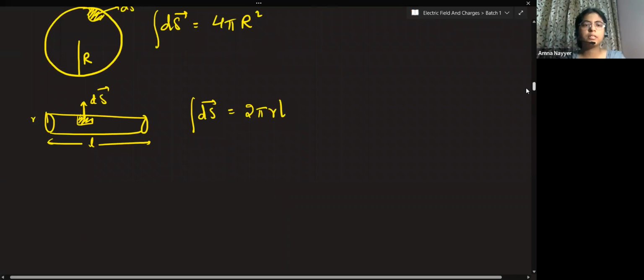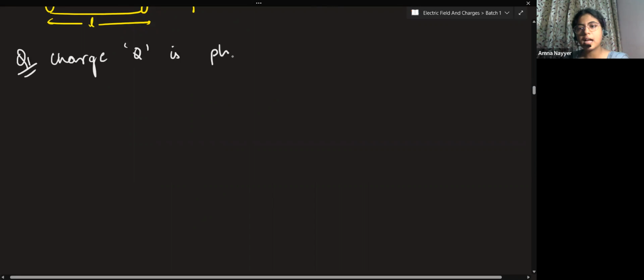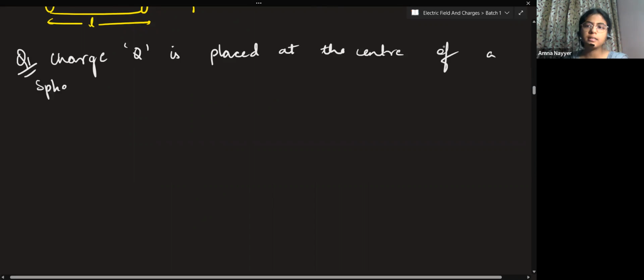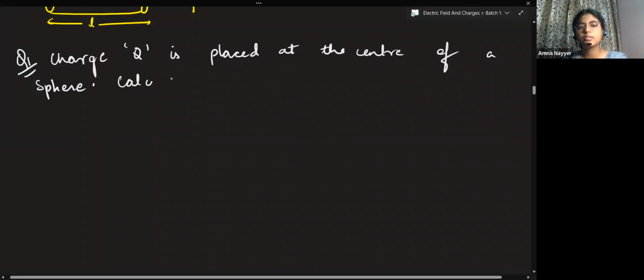If you are given questions in this manner, the question says, let's say a charge capital Q is placed at the center of a sphere. You have to calculate the flux through it.